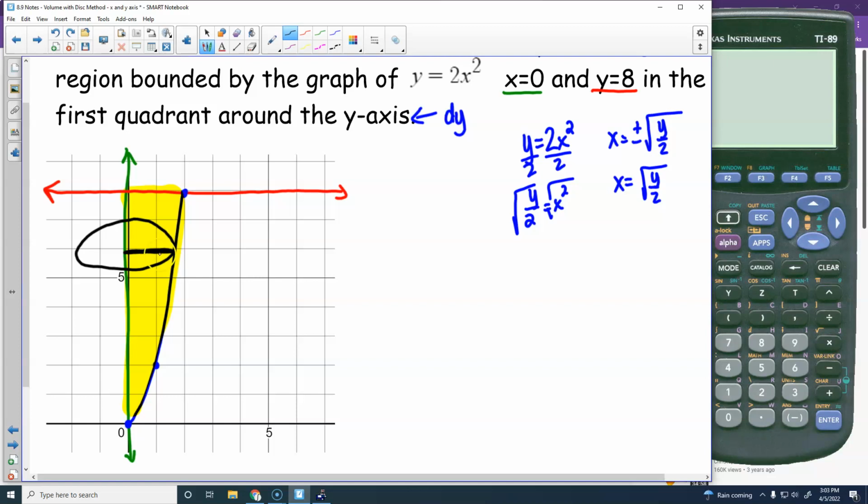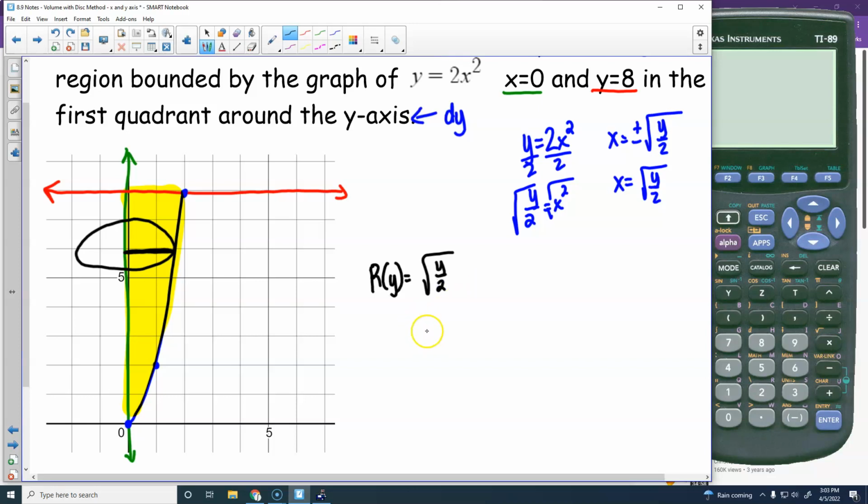And so whenever you rotate this, your radius, I'm going to call it r of y this time because we're in terms of y. It's just right minus left. Today, the left is always going to be 0. So it's just the square root of y over 2 is our radius here.